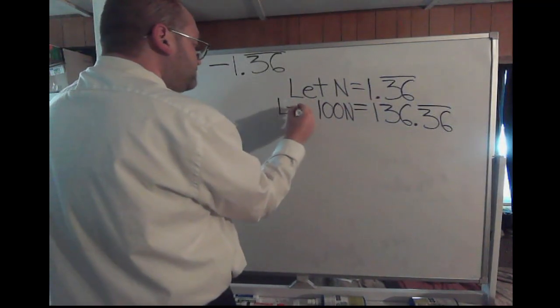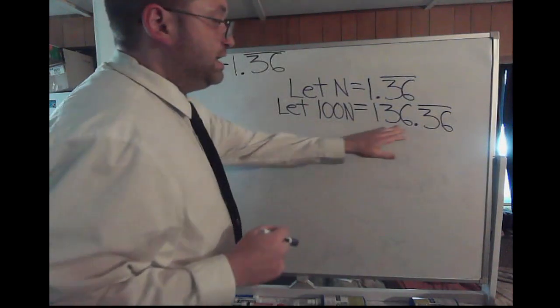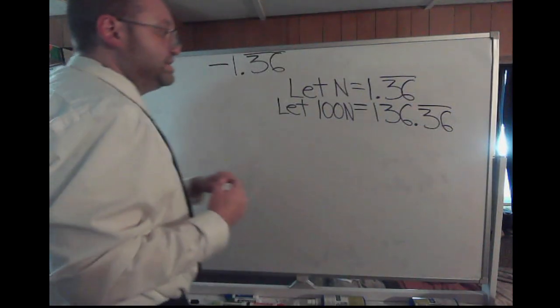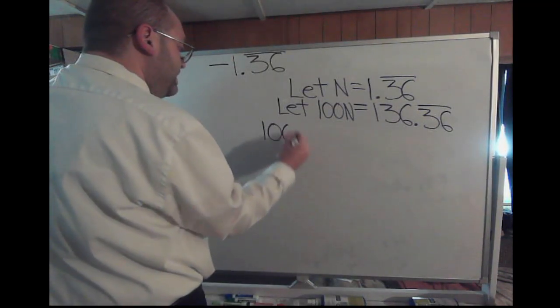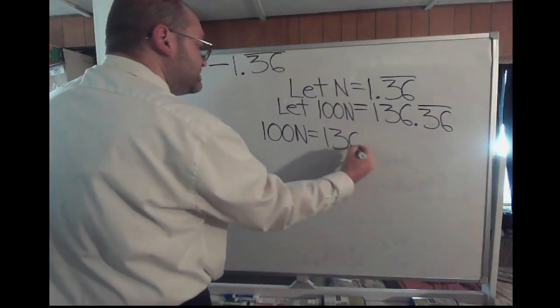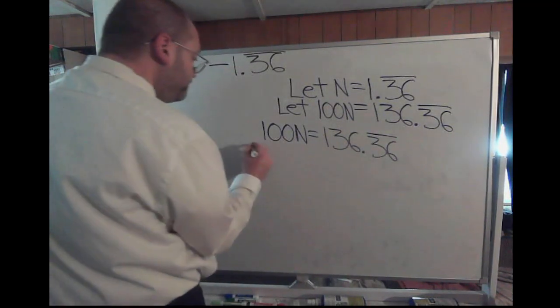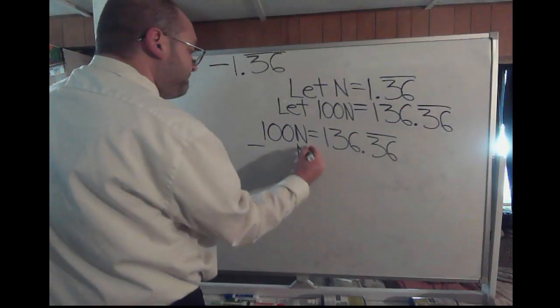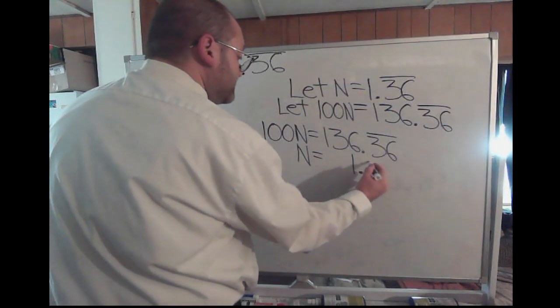So now we will let 100n equal 136.36 repeating. Then we'll do 100n equal to 136.36 repeating minus your n, which is going to be equal to 1.36 repeating.